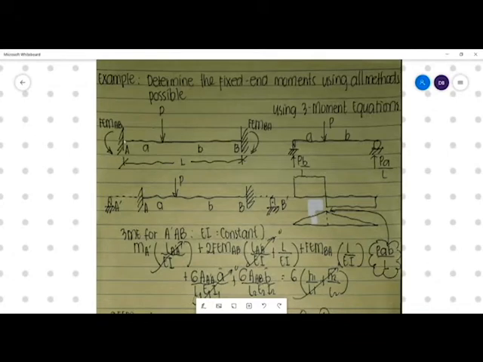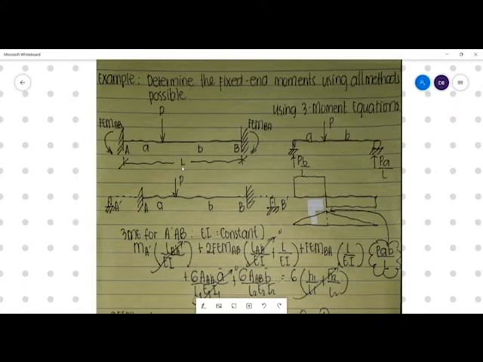Okay, so we solve for another example. We have a concentrated load P acting at a distance A from the left and B from the right, with a length L. So what are the problems that we're solving?